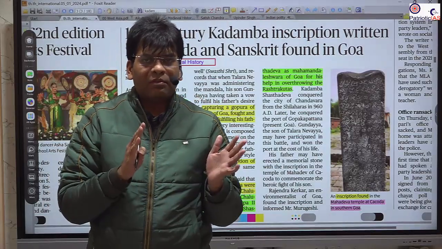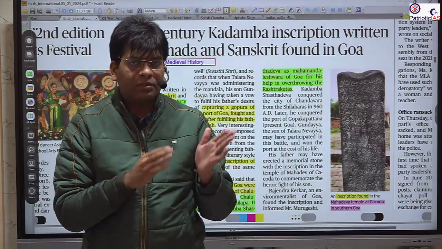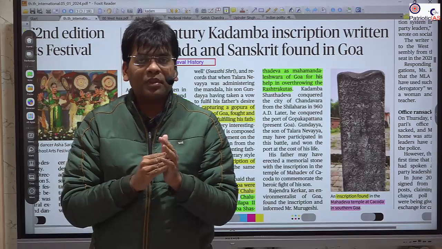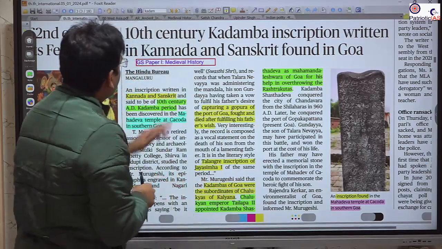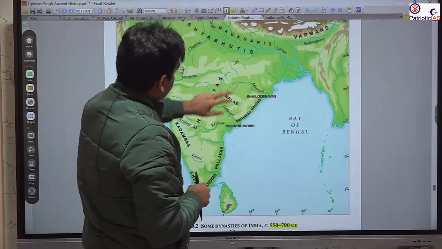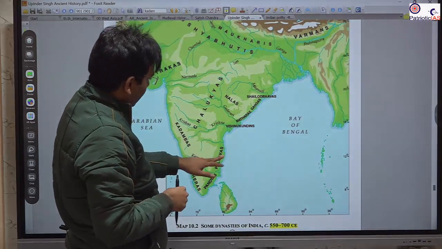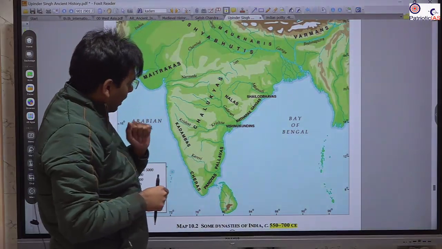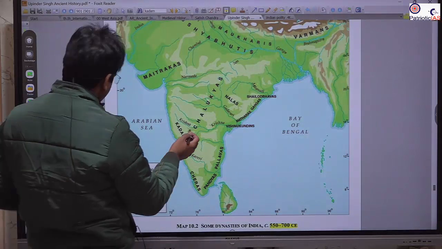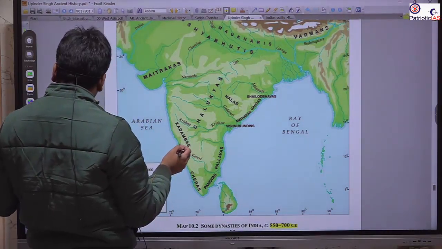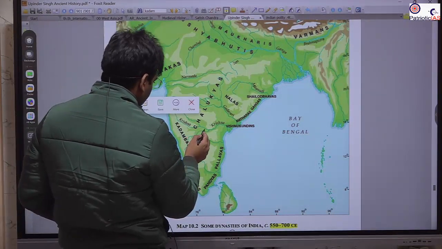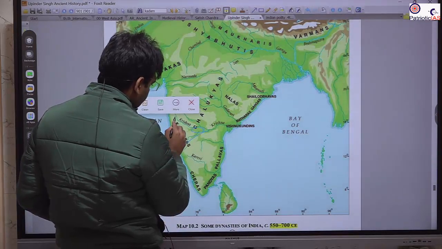But there was a huge fight between the Chalukya and Pallava, and the main fight was always over this area, the Doab between the Tungabhadra and Krishna rivers.